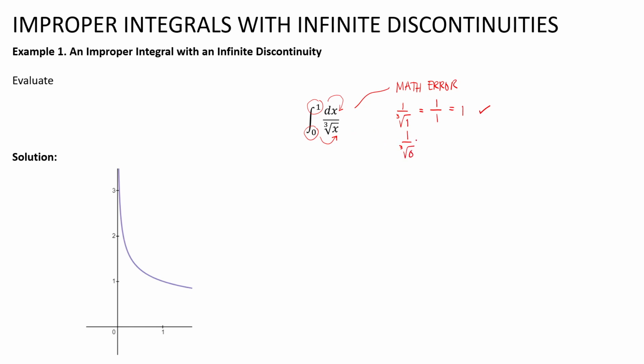If you're not sure what the cube root of 0 is, use the calculator. So that is 0. So this is 1 over 0. Any number divided by 0 is not 0, it is undefined. Right? So meaning the lower limit is the discontinuous limit.